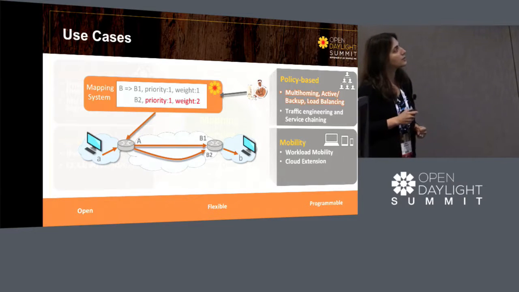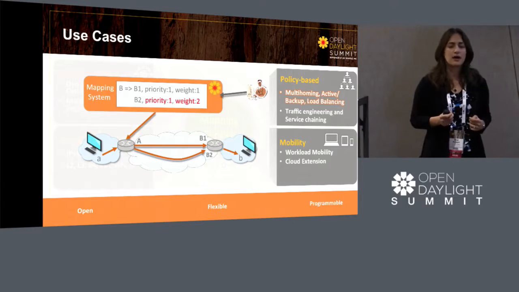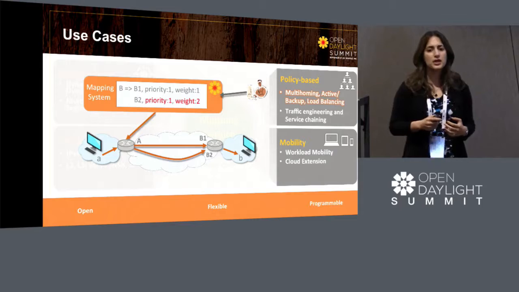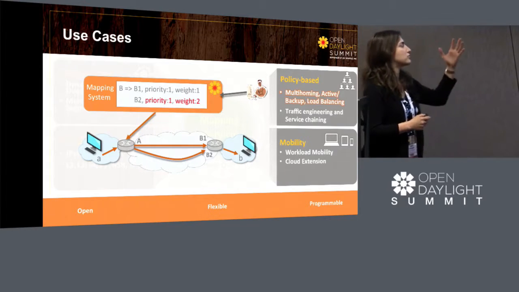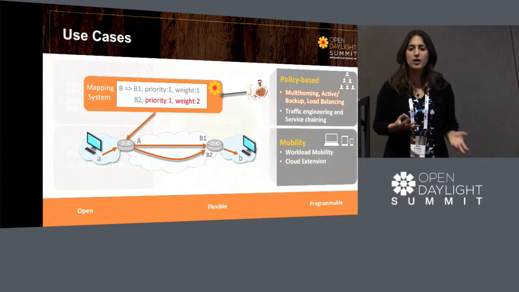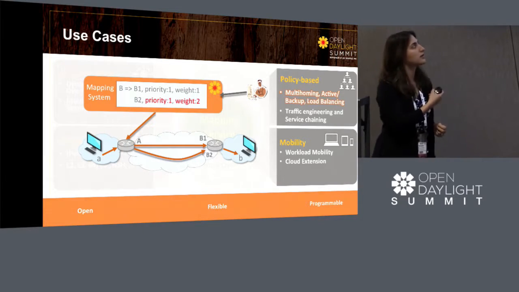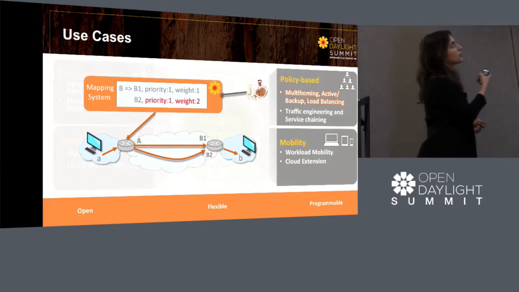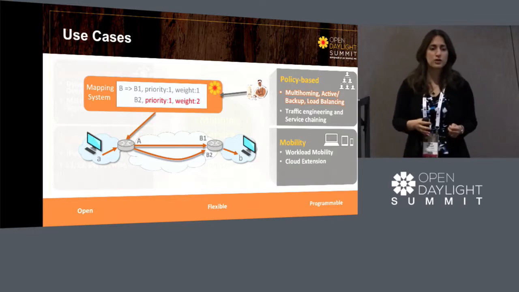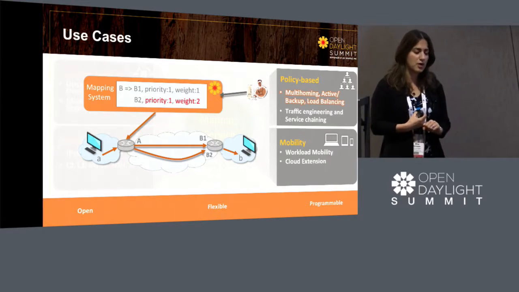Second, let's look at the policy-based, and we talked about multi-homing and load balancing. As you can see here, this is the example that we kind of went through in the beginning, where you have the 2 branches and you want to enable multi-homing, maybe with active backup or maybe with load balancing. And all that you would need to do is to add the policy that you want to support in terms of priority and weights to the mapping system.